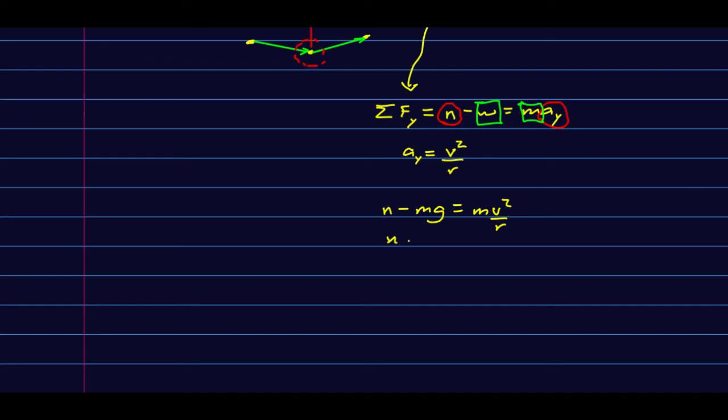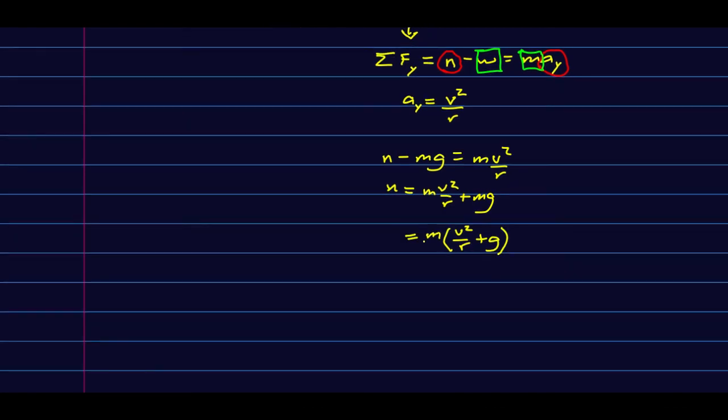And so N is just m v squared over r plus mg, which you could write this way. It's a little simpler. And we'll talk more about this next lecture. If you want, you can plug that into your calculator and get a number, but I'm going to call myself done.